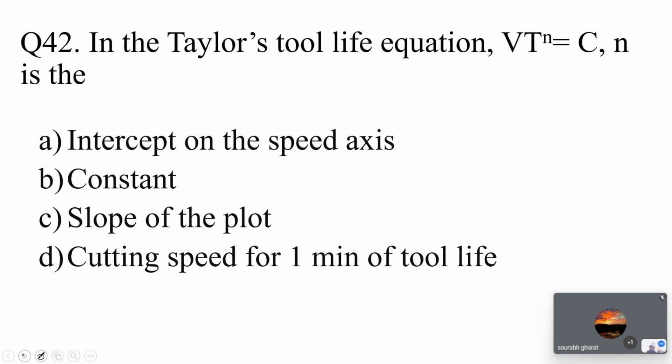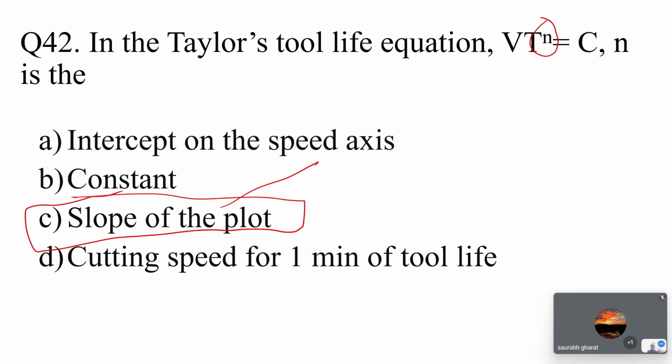So in Taylor's tool life equation, VT^n = C, what is n over here? Is n the slope of the plot? No, the intercept of the speed axis is C. This is your C, this is your cutting speed.